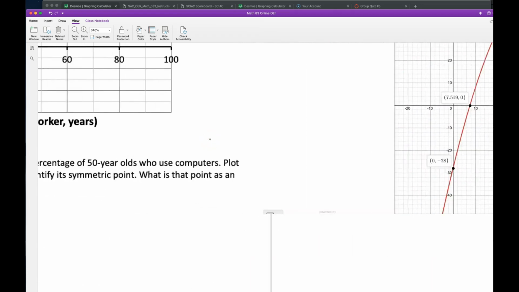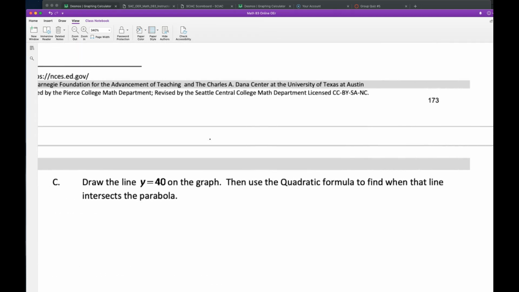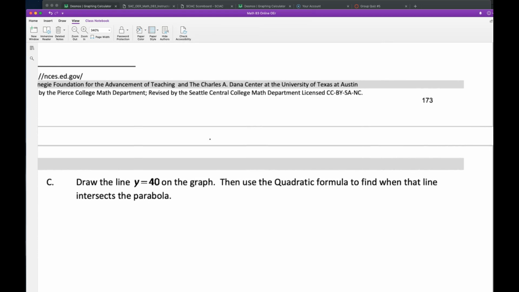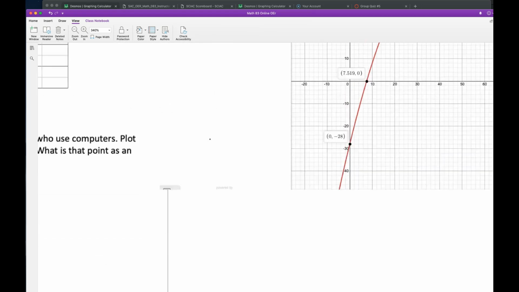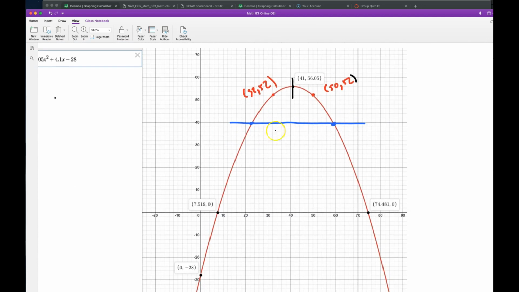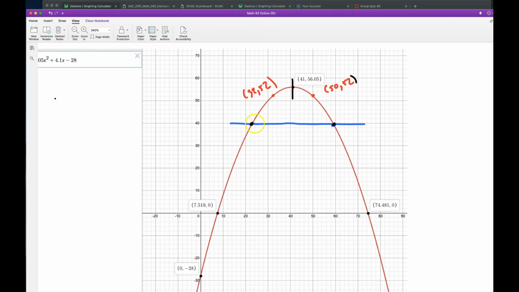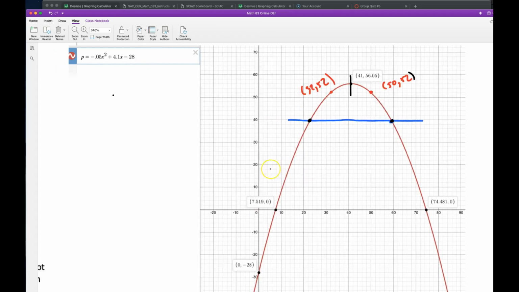The other question is when, draw the line y equals 40, and then use the quadratic formula. What you would end up using is, there's your 40 line, and there's the points of interest, and what you're trying to find out is the x value. So you get an approximation here.